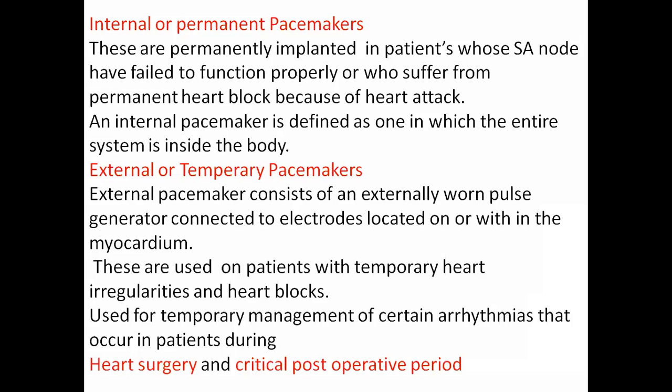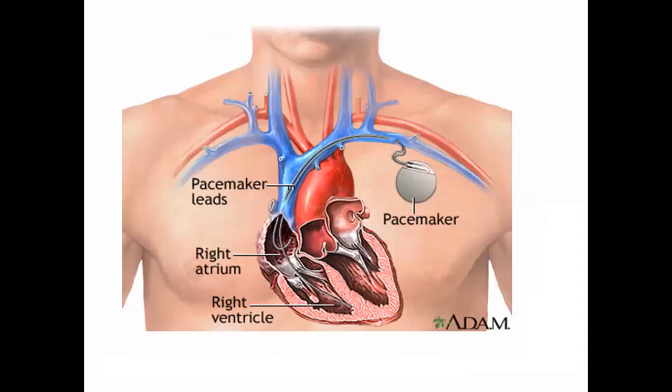Okay, and these internal pacemakers will be fixed. We have already seen in the last figure. See here, this pacemaker is fixed here, and the extended lead wires are connected to the right side of the heart. These are fixed permanently.